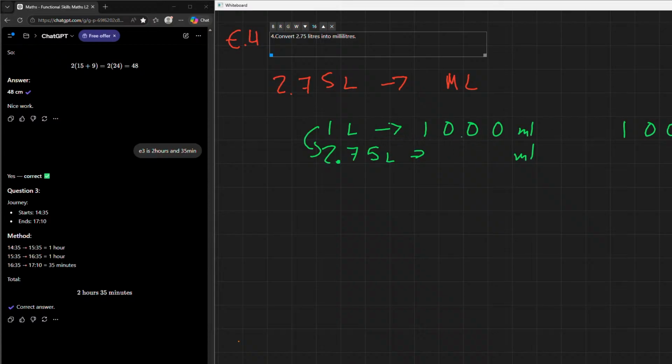So I need to multiply basically the 2.75 with 1,000. Interesting. So 1,000 times 2.75.